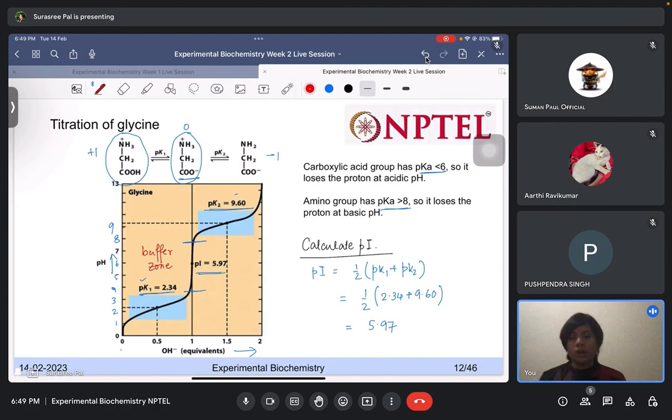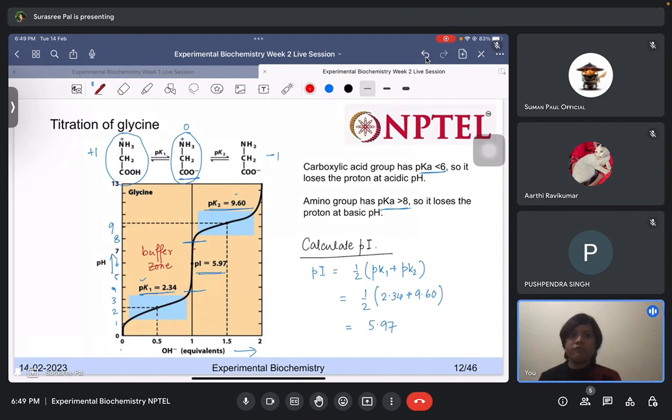So in the physiological pH, which is 7.4, glycine will exist as a zwitterion, because at this 7.4 pH, you can see that there is no such change in the net charge of glycine. This forms the buffering zone, and therefore at a physiological pH, glycine will exist as a zwitterion.